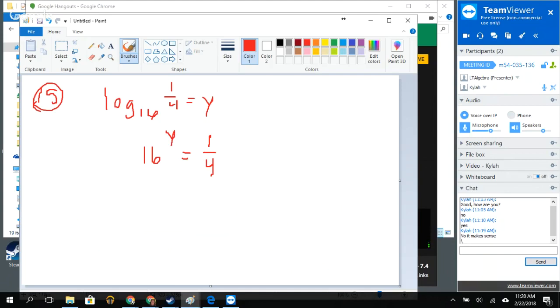So the question is, what happens when your answer is a fraction? Well, that means that this exponent is probably going to be negative. Not -1, but it's going to be a negative exponent, because when you have a negative exponent, it actually flips your fraction upside down.